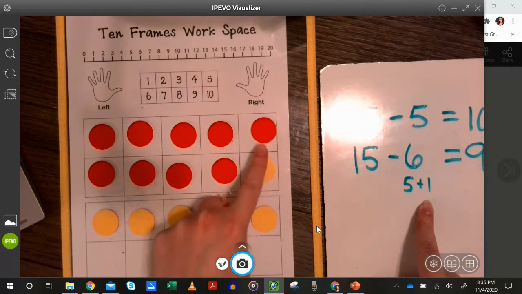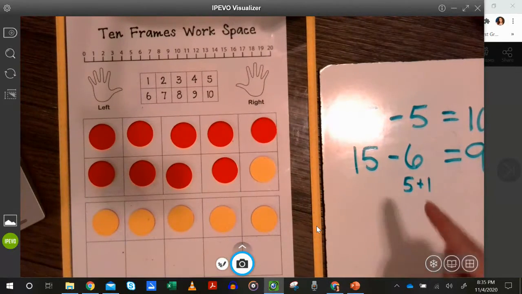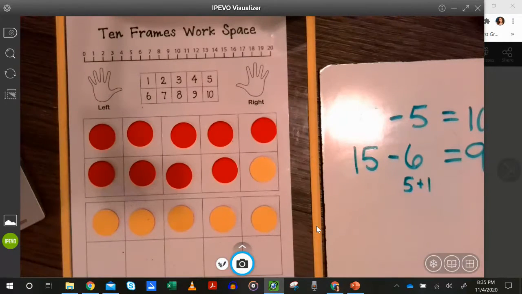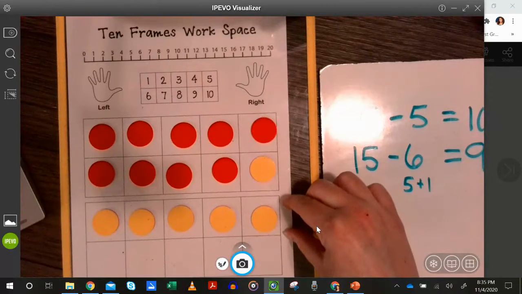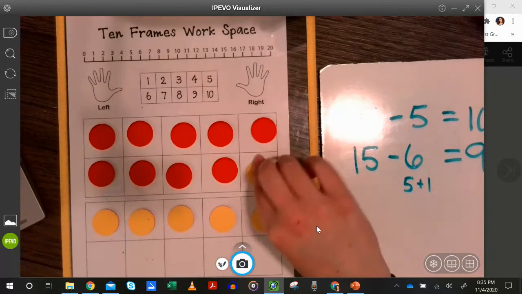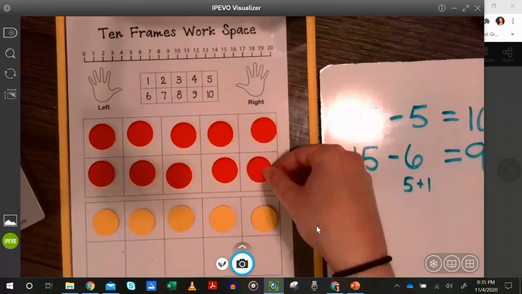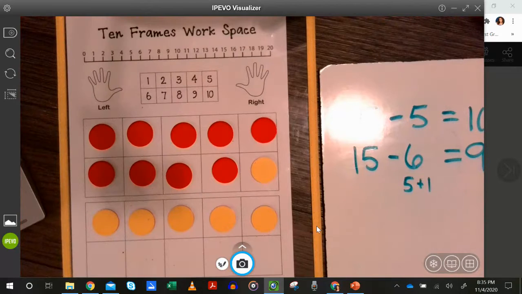And what's left? 9. So if you can break it apart by knowing that we have a group of 10 and some more, we can take away down to our 10 really easily and use what we know about 10 buddies to take away the remaining bit. Okay, let's look at another one.